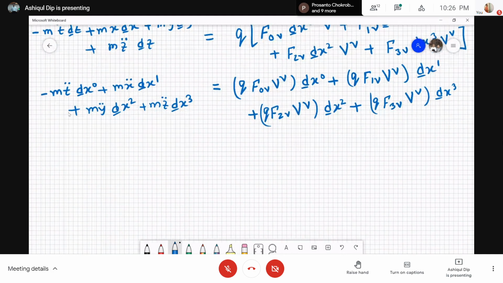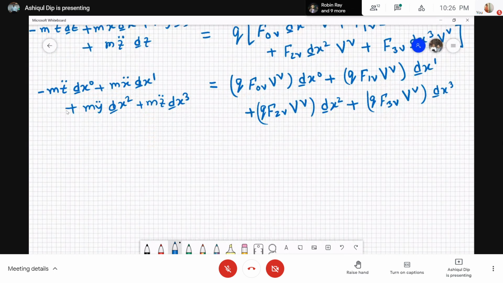So now we are in the place to equate on both sides, right? Like compare component wise. What's the equation in the 0th component? Minus m t double dot. Oh, minus, yes, obviously. My mistake. Minus m t double dot is equal to q f0 nu v nu.